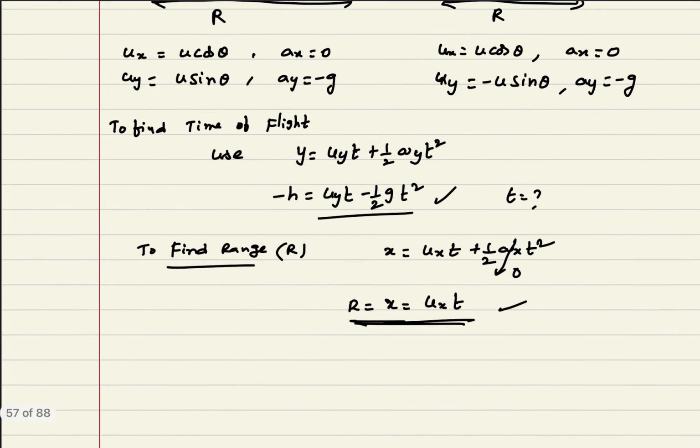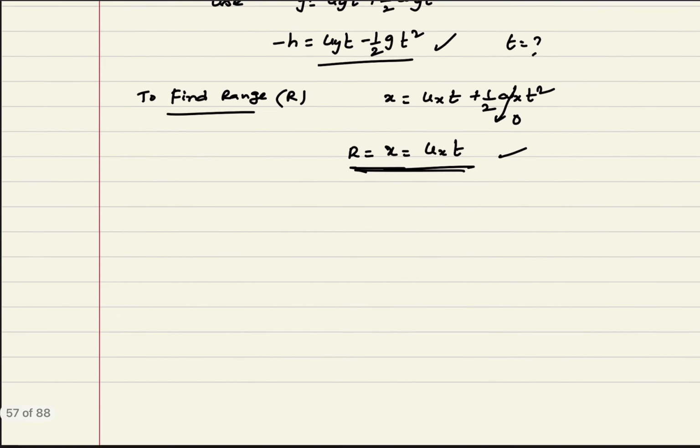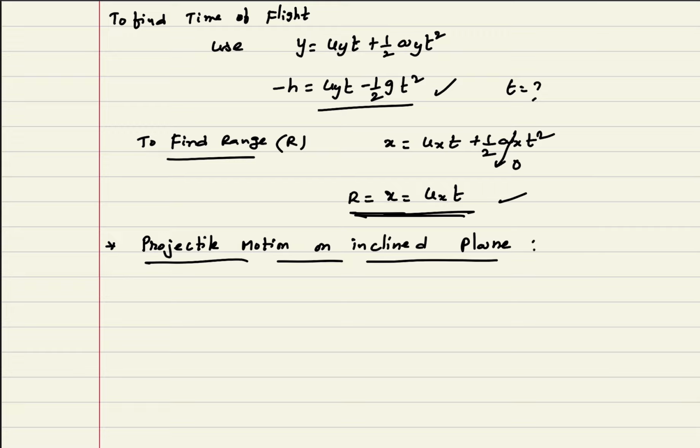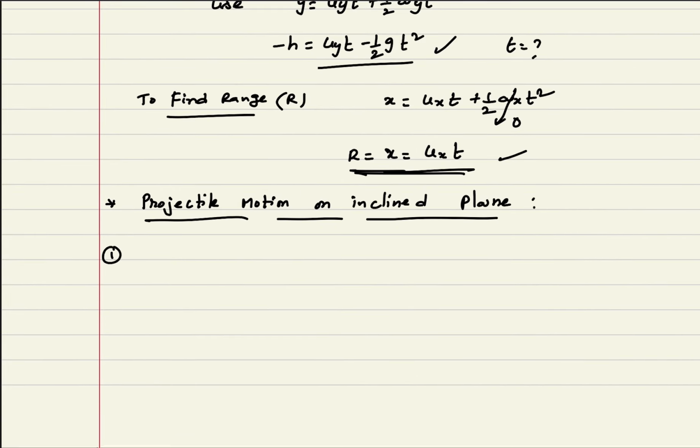In this case of projectile motion, suppose an inclined plane is there: projectile motion on an inclined plane. So the first case, up the plane.